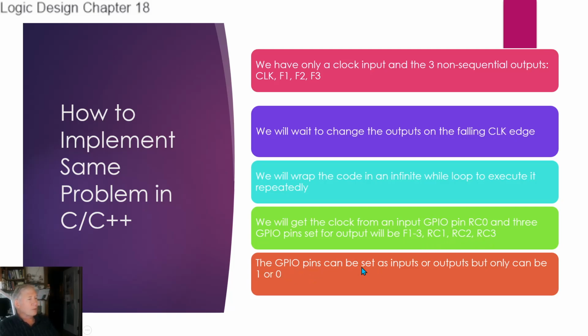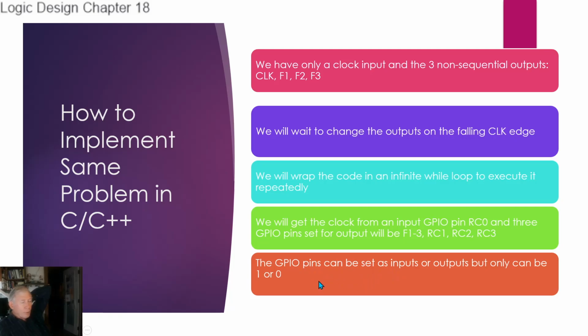The GPIO pins can be set as inputs or outputs. If they're inputs, you can only read a 0 or 1, and if they're set as outputs, you can only output a 0 or 1. So let's say we're running the microprocessor at 5 volts.